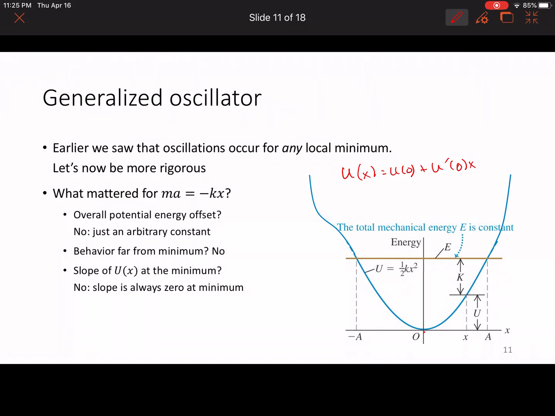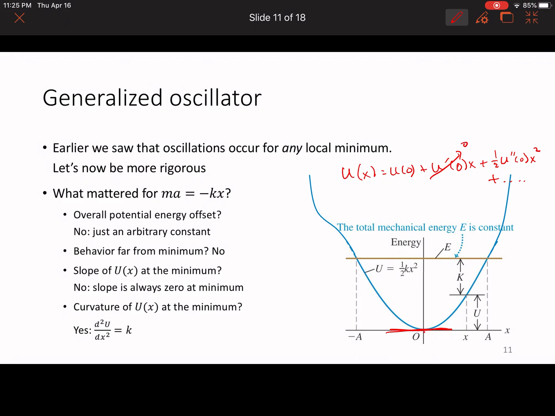Well, the answer is no, because anytime I'm at a minimum, the first derivative is equal to 0. What about that second derivative? The next order term in the Taylor series. So that turns out to be yes.